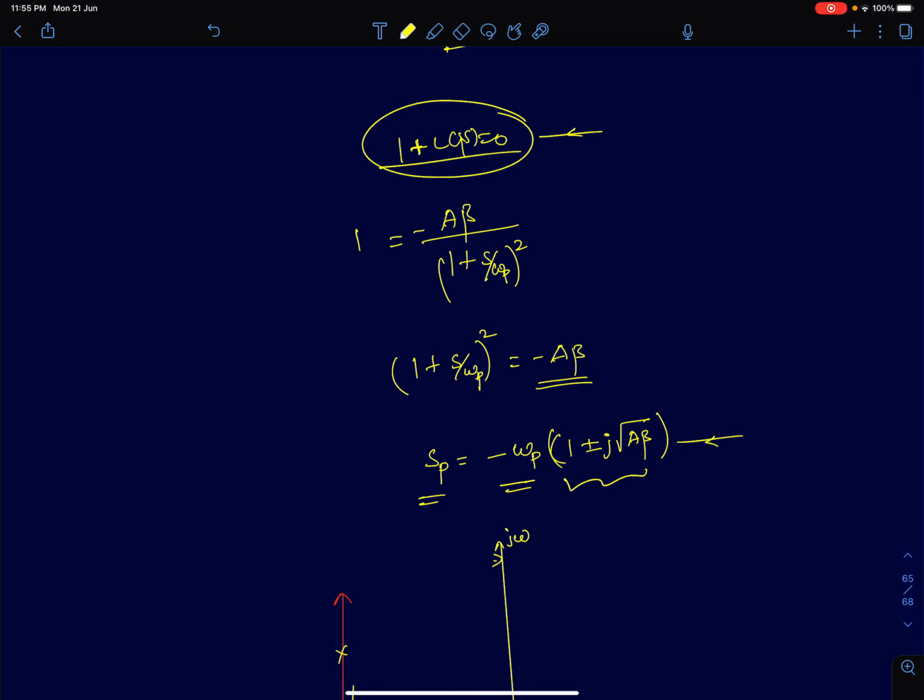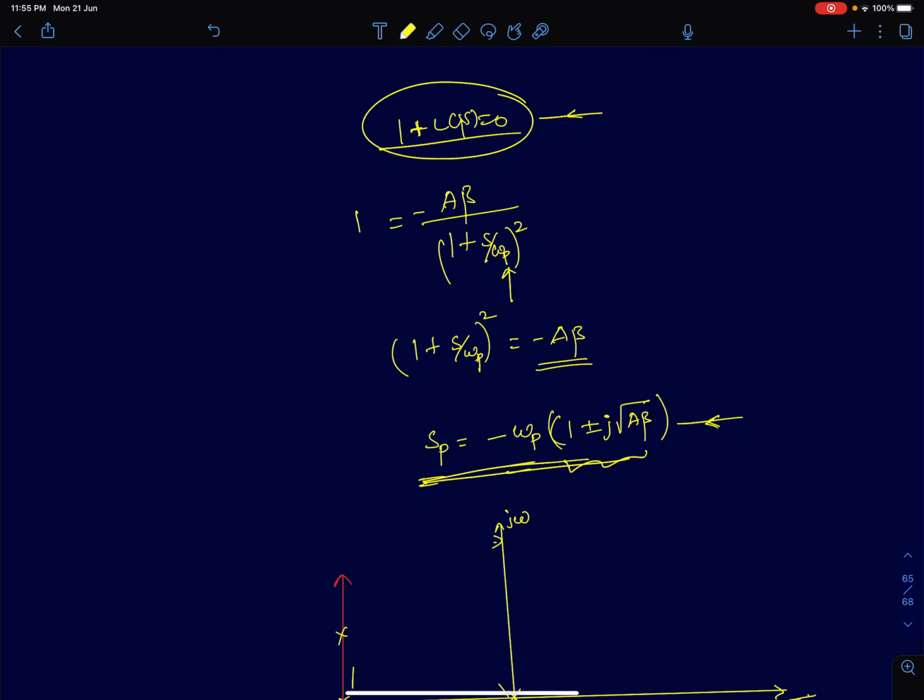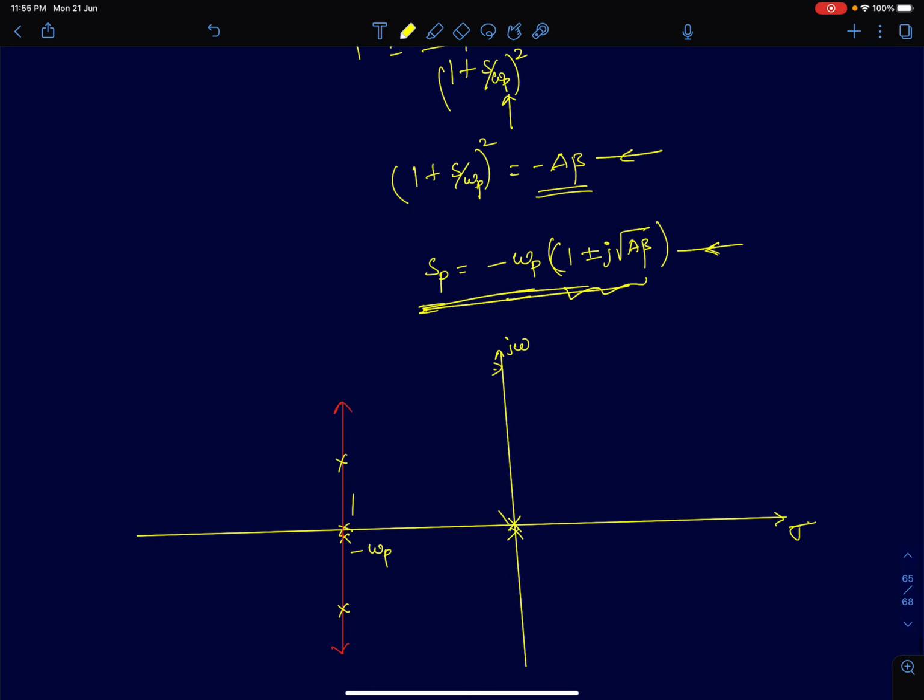Now what you see here is that the poles are complex. The moment you introduce negative feedback, the open loop poles were real, but the poles have become complex. We will talk in greater detail about this at a later stage when we discuss the frequency response of negative feedback systems. But right now, we'll just look at the mathematics and see what happens to the closed loop poles.